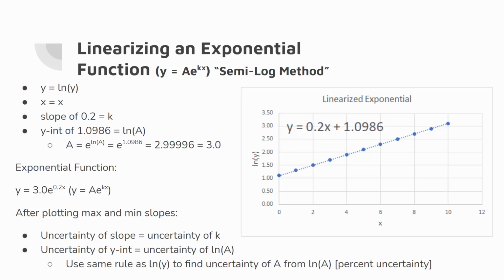And when you take the uncertainty of the y-intercept, that is the maximum y-intercept minus the minimum y-intercept divided by 2, that uncertainty will be the uncertainty of the natural log of a, because that is what the y-intercept represents.